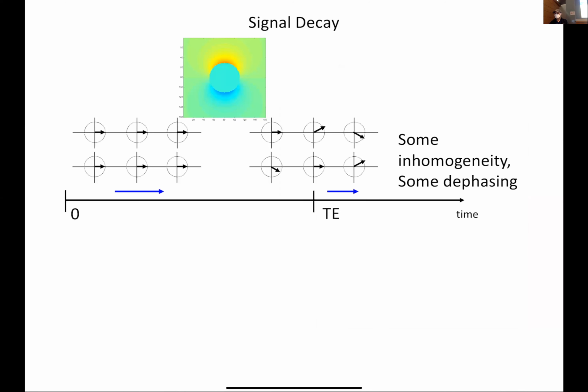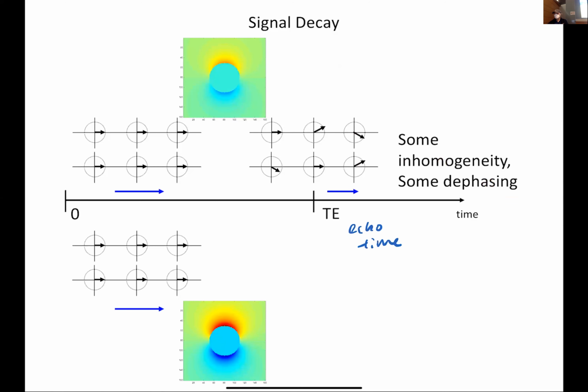Well, if I have spins that are all lined up and then I put them in the presence of some inhomogeneous field, then because every spin feels a different field, they're going to start to precess at different frequencies, and so they're going to get out of phase. Right? And if I measure at some later time, this TE stands for echo time, a very important quantity that we'll keep using now, then there's going to be some dephasing, so some signal decay.